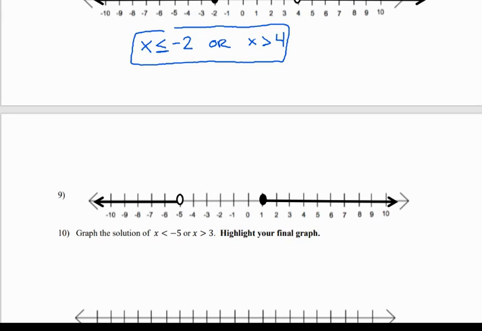Anybody have an answer? Maybe it's there, but they're not showing. Oh, they're all popping up. Sorry, it wasn't showing.